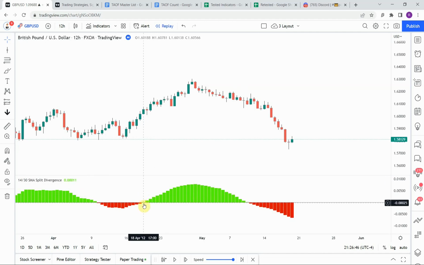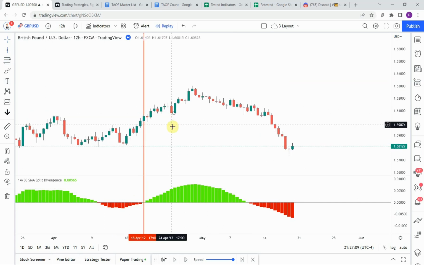Even though you can't see any bar visually, you can see that the coordinates there are green, and it does show a 0.00011. That is a good example right there. That is a long signal, and so we get that cross from the downside to the upside there.